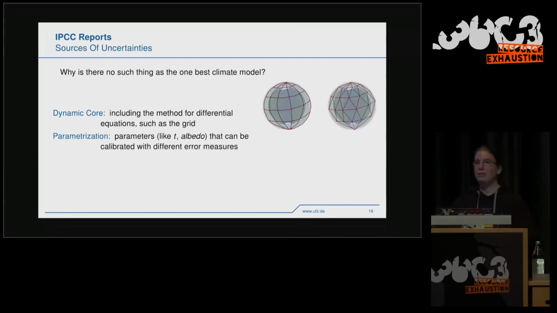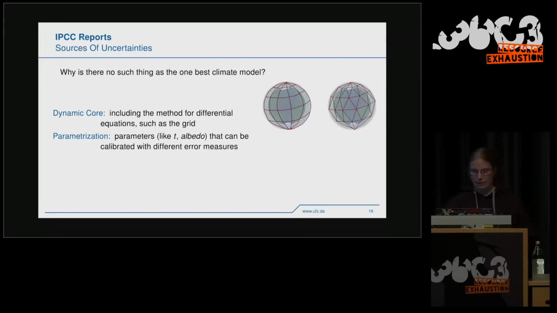Also, the parameterization. Parameters, and our last slides were, for example, the T and the albedo, which will probably not be the final parameters because they are derived from other parameters, but physical laws are often represented by rules with parameters, and these parameters can be estimated. And they can be calibrated with different error measures.